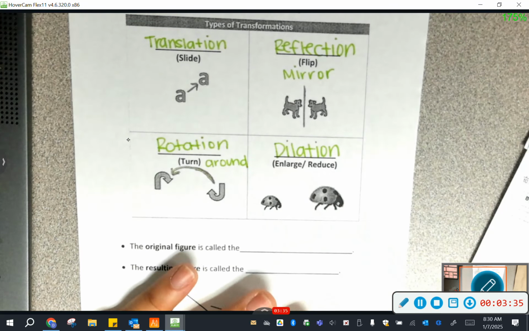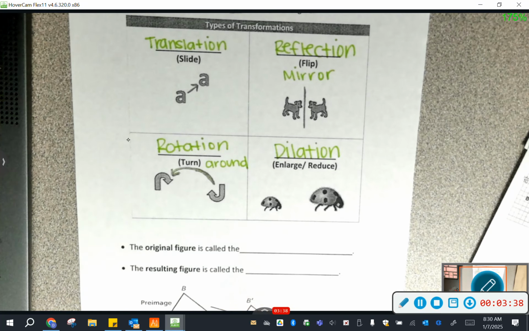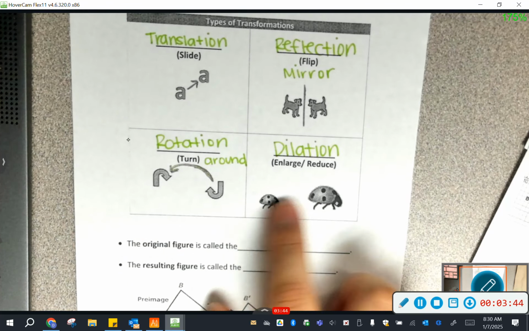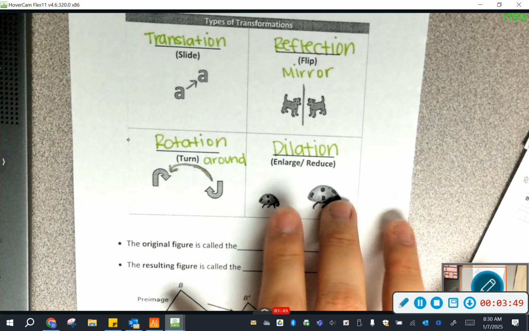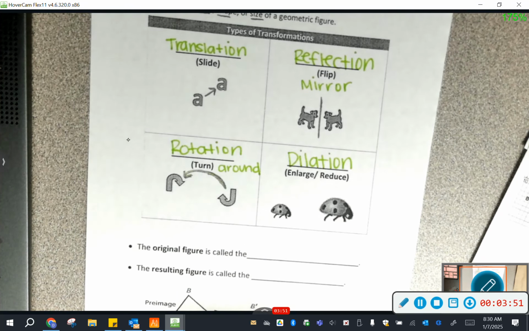Dilation. Have you ever heard of dilating your eyes? Correct. Dilation. So that's probably the newest word for y'all. And there's no little symbol. It's just, are these going to be the same size? No. With dilation, they'll never be the same size. It's just going to be a different sized figure. Okay.